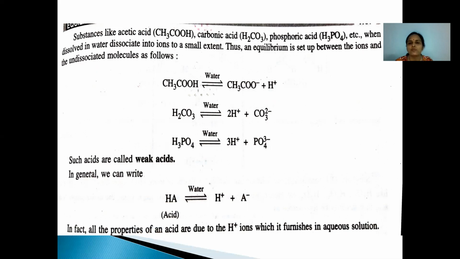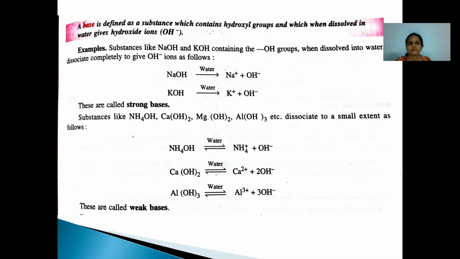H3PO4 gives 3H plus and PO4 3 minus. Dissociation takes place to a very small extent, and such acids are called weak acids. In general, you can write HA, a weak acid, dissociating into H plus and A minus. All the properties of an acid are due to the H plus ions which it furnishes in aqueous solutions.